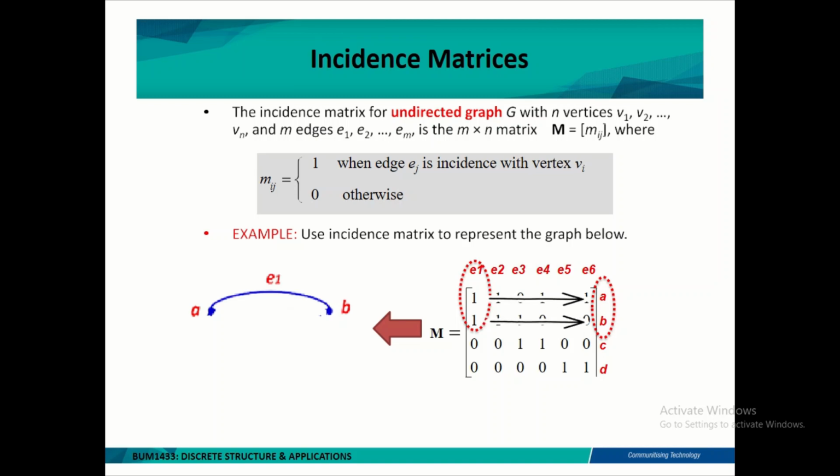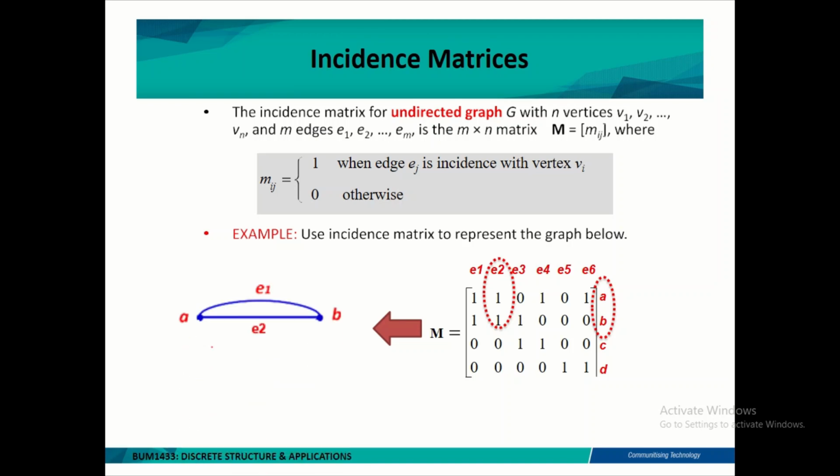Okay, let's see for E2. For E2 we can also see that it is connecting point A and point B. So we just draw E2 connecting point A to point B.